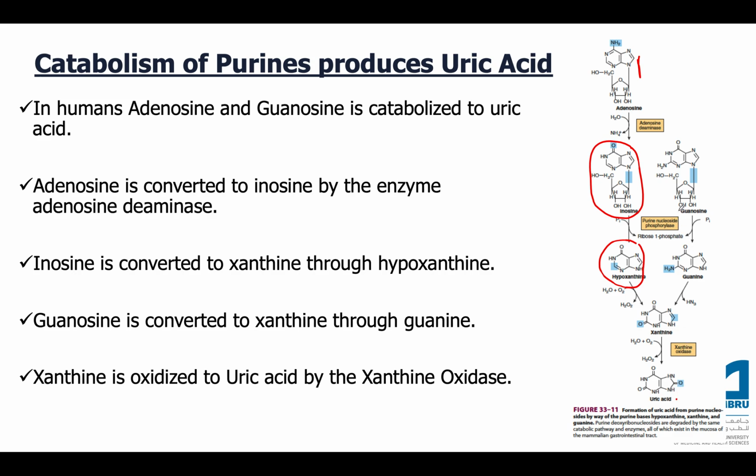Guanosine, on the other hand, is converted to guanine, guanine to xanthine, and xanthine to uric acid. So that's a very simple outline involving the catabolism of purine that leads to the formation of uric acid.